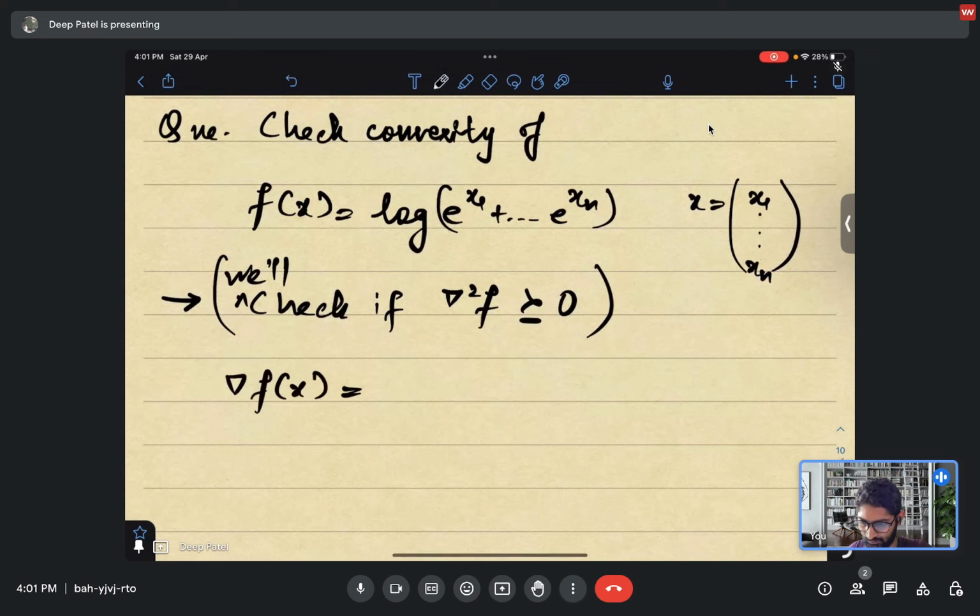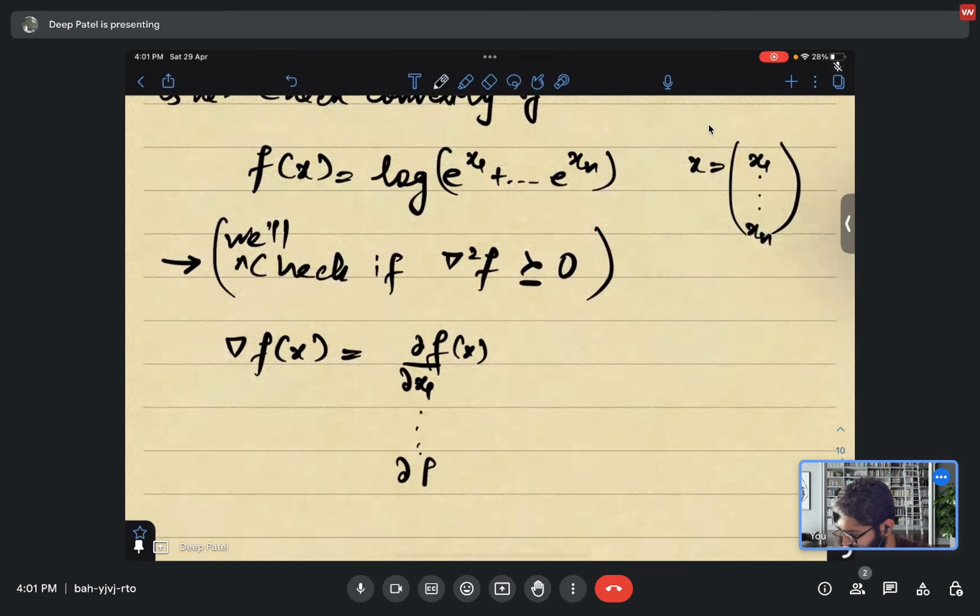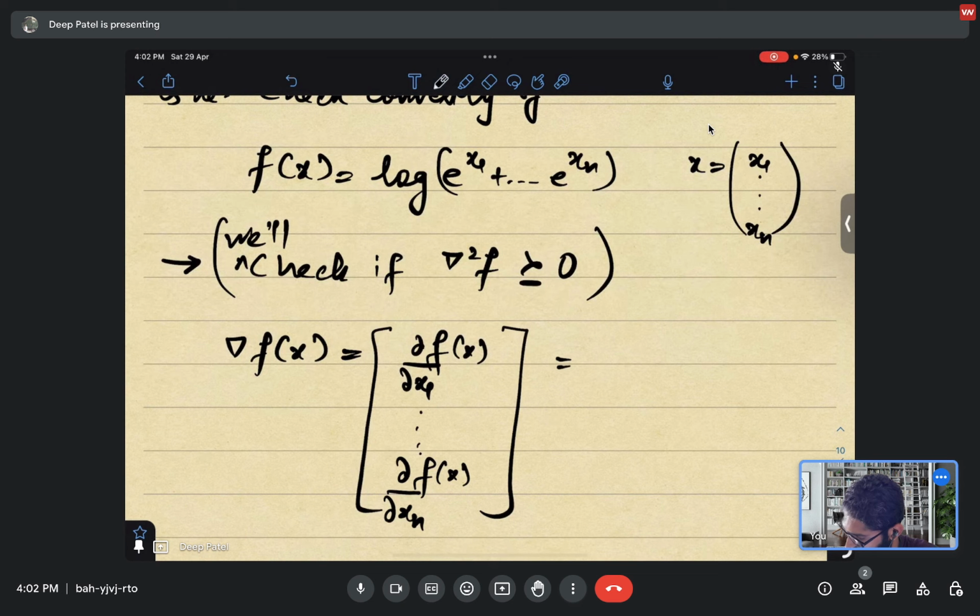Computing the gradient is easy because I'm taking del f of x by del x1, ..., del f of x by del xn, which is nothing but e to the x1 by e to the x1 plus ... plus e to the xn.